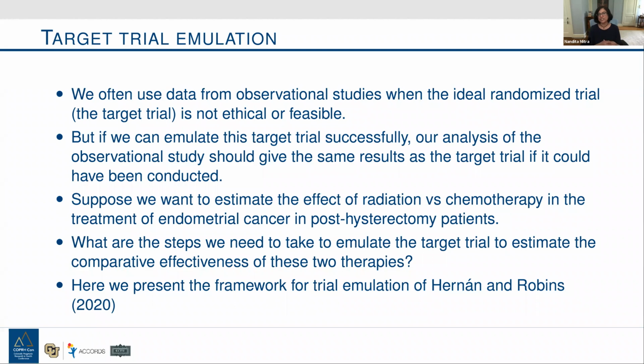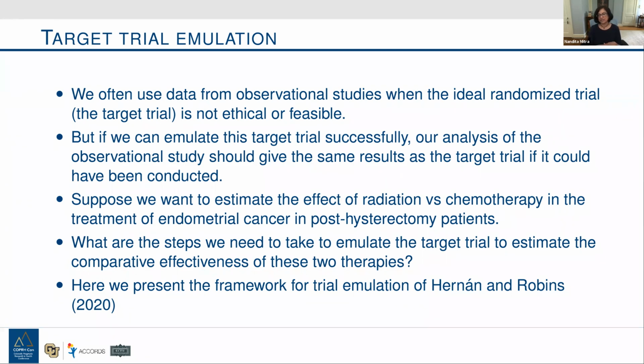It's not ethical or feasible at this point to randomize women who have had a hysterectomy and who have endometrial cancer to radiation or chemotherapy. It's not possible. But can we take the data that we have from the National Cancer Database, the NCDB, and emulate a target trial? So here I'm going to briefly present the 7 steps for trial emulation.